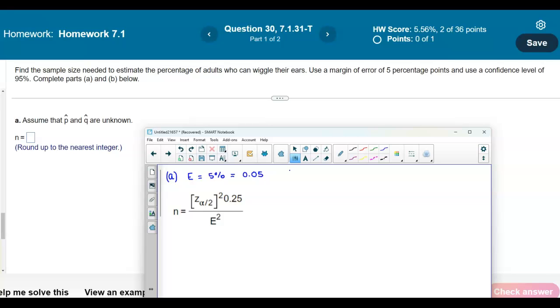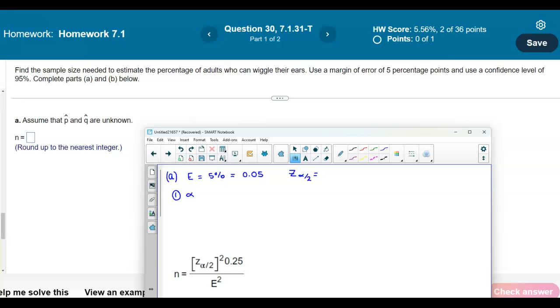The other thing that we need to do is find the Z critical value. Remember that in order for us to find that critical value, we want to find alpha.